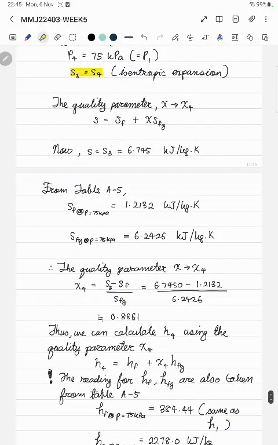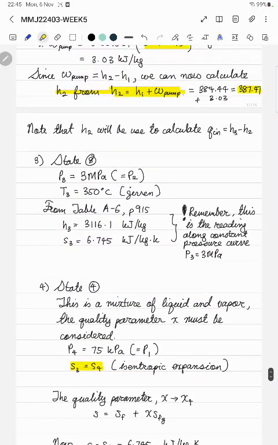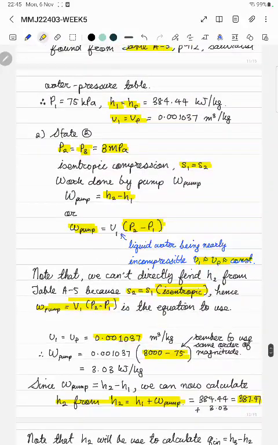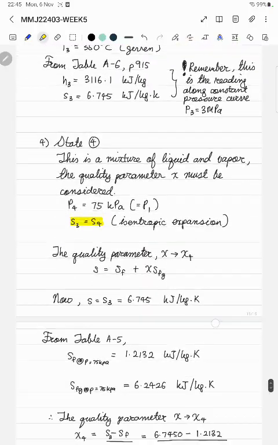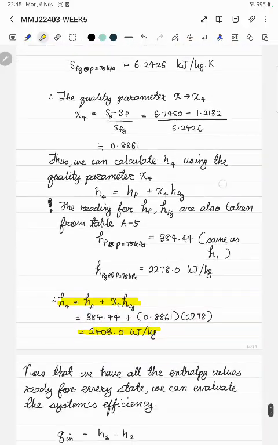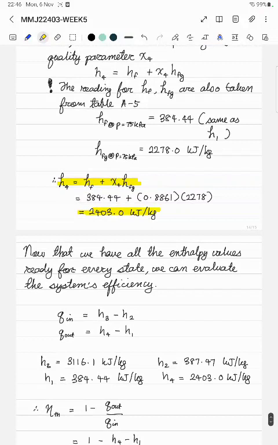Note that now we have our H4, we also have our H3, we also have our H2, and we also have our H1. H1 is actually here. So we can calculate the heat input, which is Q in, and also the heat output. The input heat addition is H3 minus H2, and the output heat, the waste heat, is H4 minus H1.